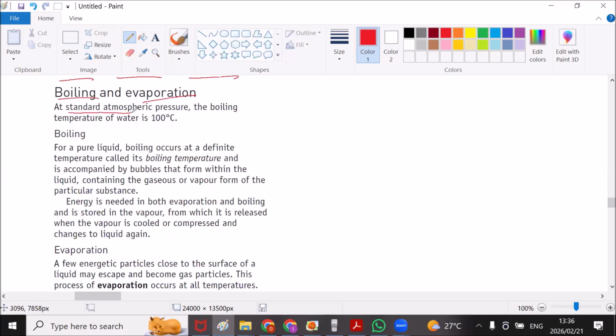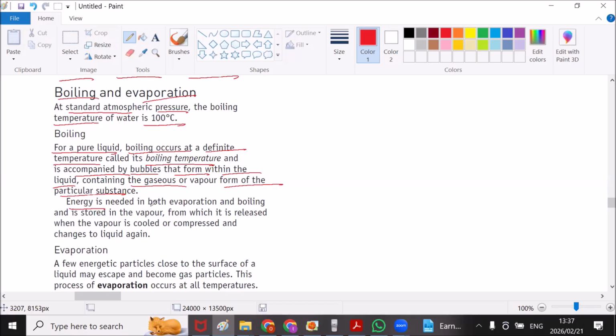At standard atmospheric pressure, the boiling temperature of water is 100 degrees Celsius. For a pure liquid, boiling occurs at a definite temperature, called its boiling temperature or boiling point, and is accompanied by bubbles that form within the liquid, containing the gaseous vapor from the particular substance.